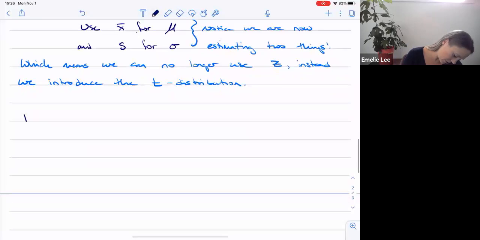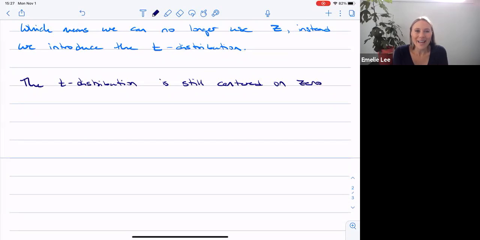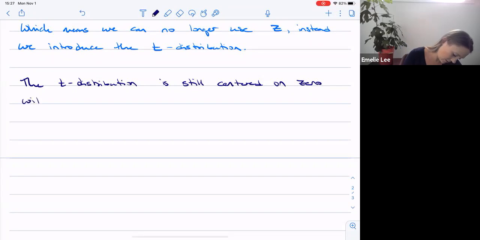So the t-distribution is still centered on 0 and is bell-shaped. I'm not going to say it's normal, because a standard normal, like the Z, is centered on 0 with a standard deviation of 1. That's not the case anymore.